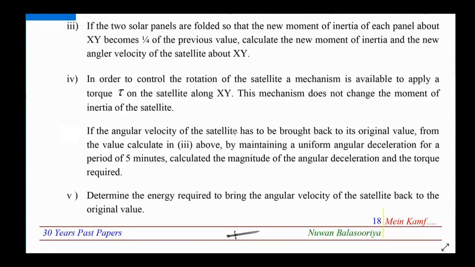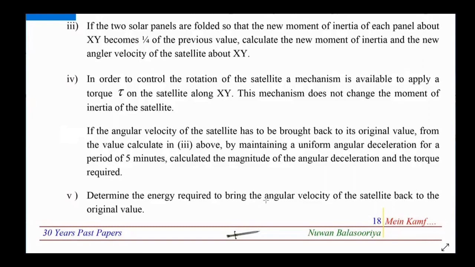If the angular velocity of the satellite has to be brought back to its original value, from the value calculated in Roman number 3 above, by maintaining a uniform angular deceleration for a period of 5 minutes, calculate the magnitude of the angular deceleration and the torque required.